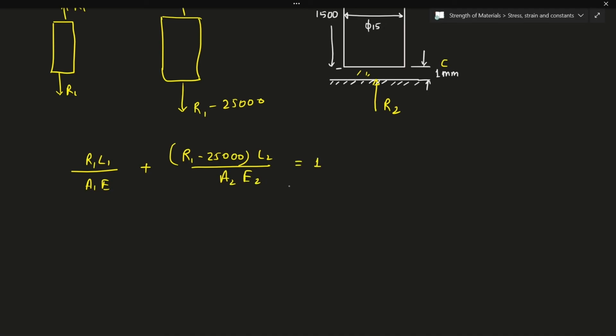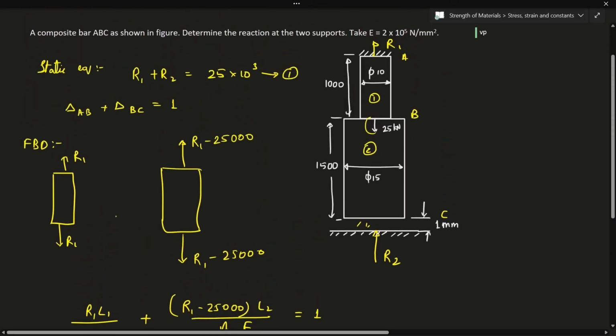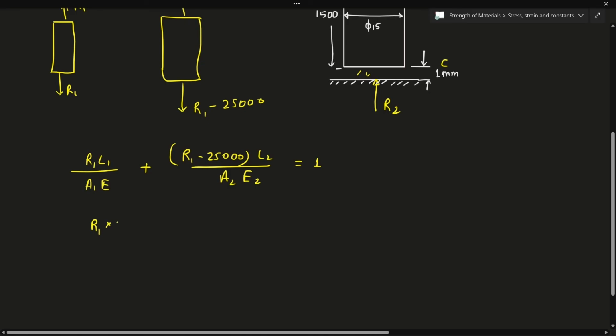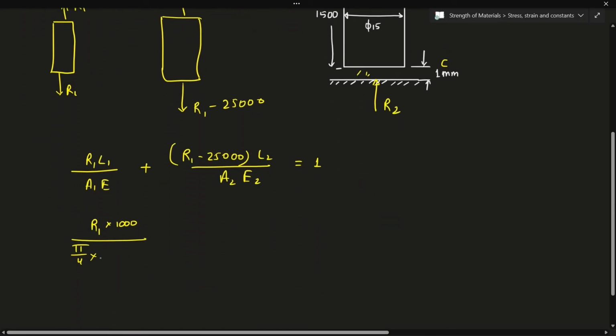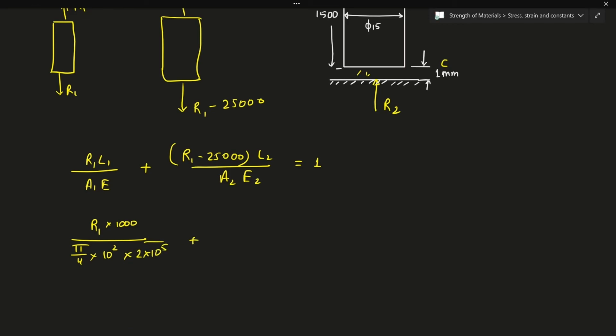Now all of this will be equal to 1 mm, and if I substitute the values here, R1 into the length of the first material, which is 1000, divided by the area, pi by 4 into the diameter given as 10 square into 2 into 10 to the power of 5, plus R1 minus 25,000 into the length 2, which is 1500, whole divided by the area 2, that is pi by 4 into 15 square into 2 into 10 to the power of 5, is equal to 1.